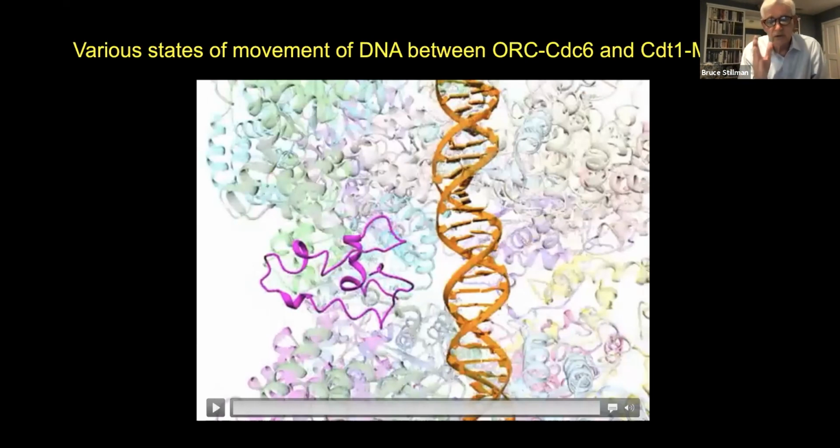So the purpose of ORC and CDC6 bending the DNA is to allow the MCMs to come in and bind to the ORC CDC6, and then the DNA is inserted into the channel in an ATP dependent but ATP hydrolysis independent manner.